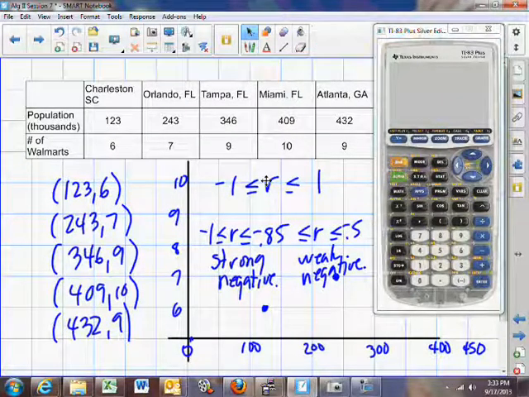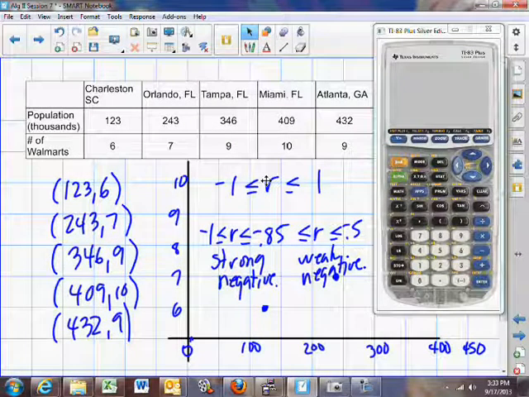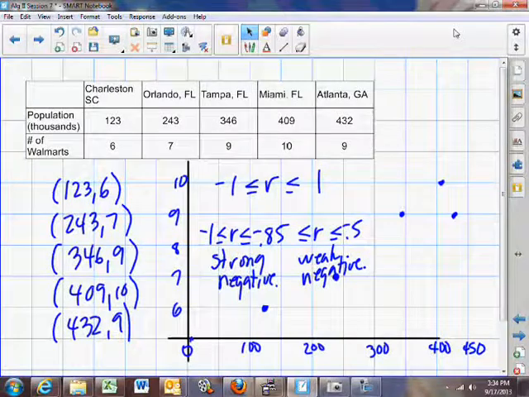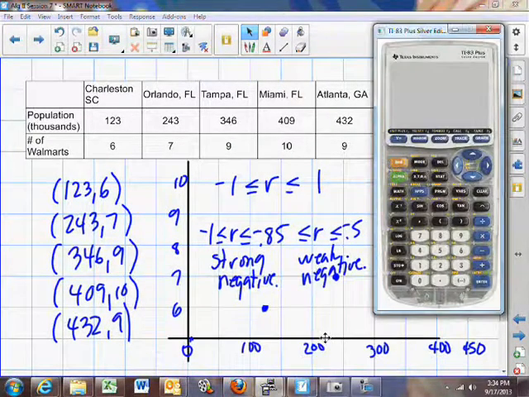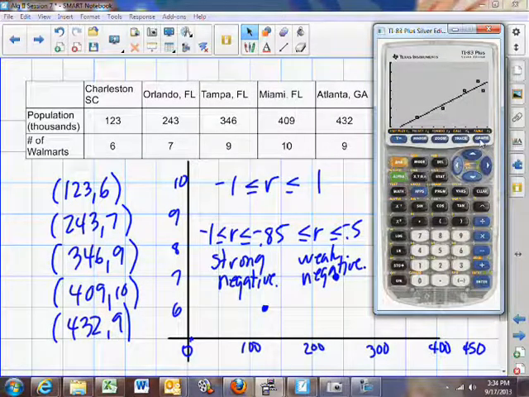Between -0.5 and 0.5, that includes 0, we say there's really no correlation. Between 0.5 and 0.85, we say there's a weak positive correlation, and between 0.85 and 1, we say there's a strong positive correlation. I wrote that in a different spot, so we'll just let that go. So we have in this particular case a strong positive correlation.